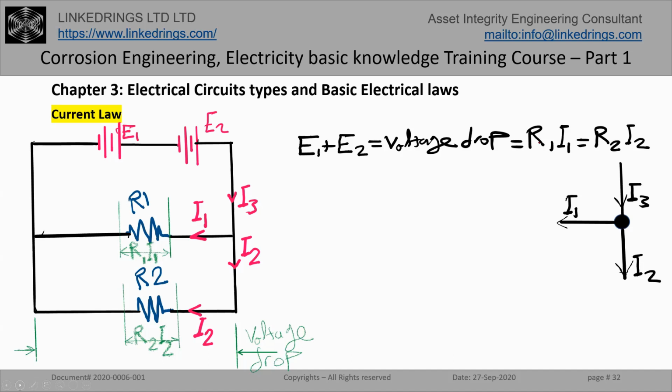That means I1 R1 equals I2 R2 equals E1 plus E2. Here at this dot, the current input to this point is I3. The current output is I1 and I2. The current is the flow rate of electrical charge.